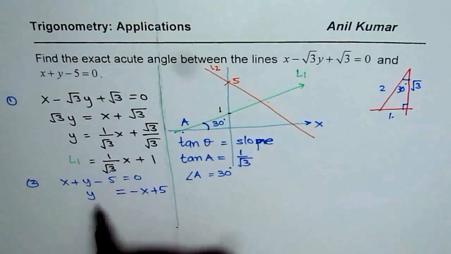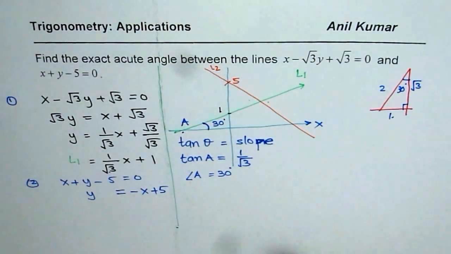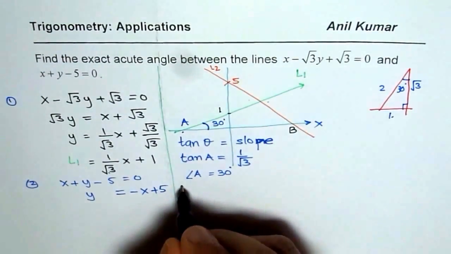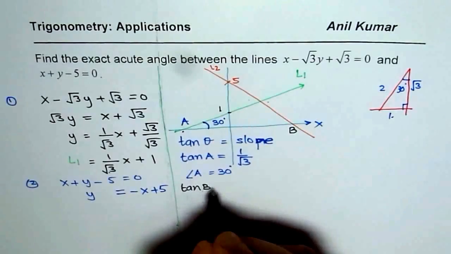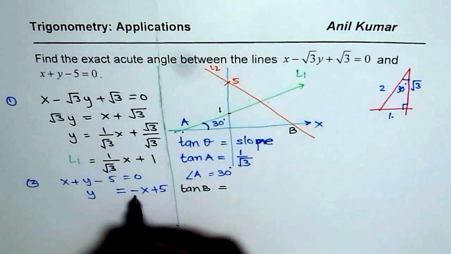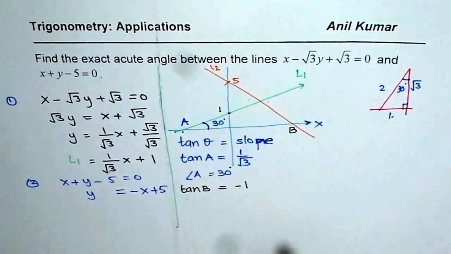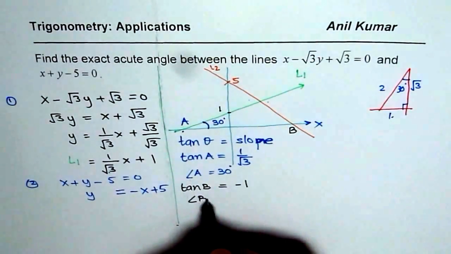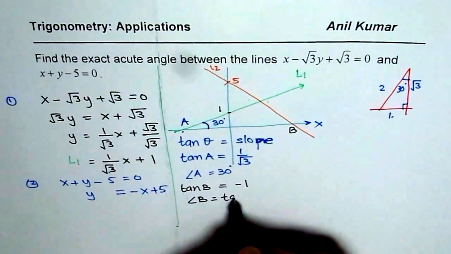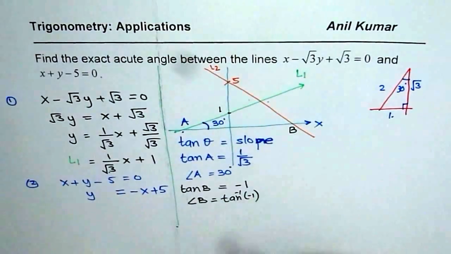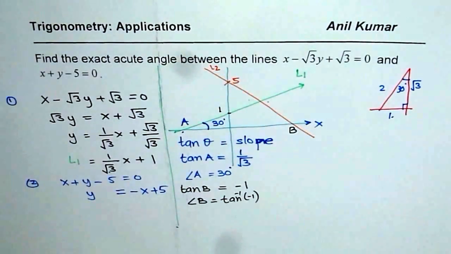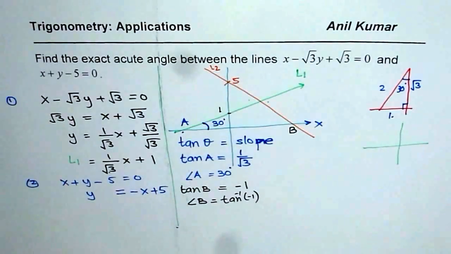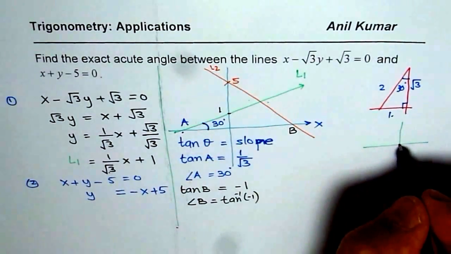Similarly, let us find what angle B is. We'll call this point B. So tan B is equal to the slope of this line, which is minus 1. So angle B equals tan inverse of minus 1. As you know, tan is negative in the second quadrant, so we are looking for an angle in this quadrant.